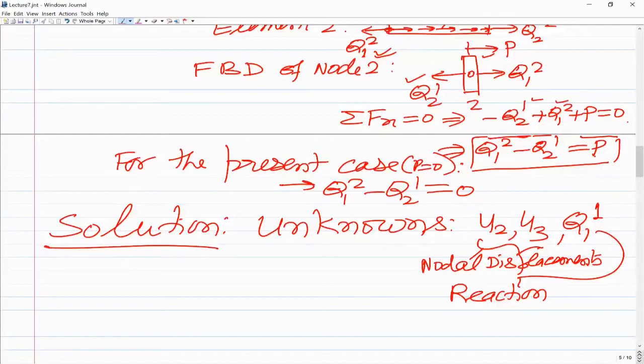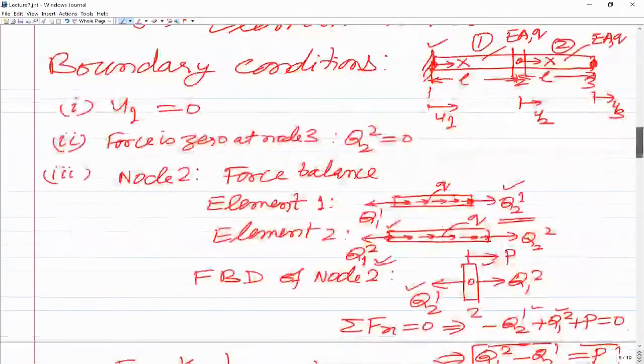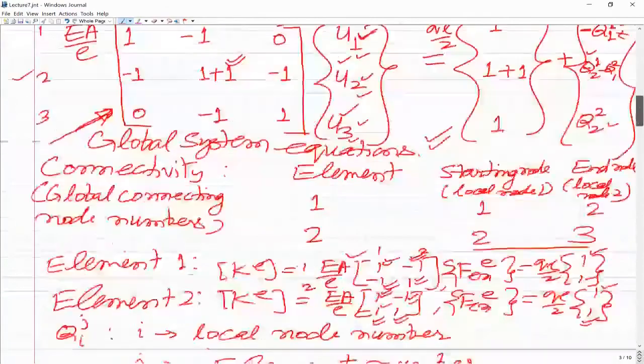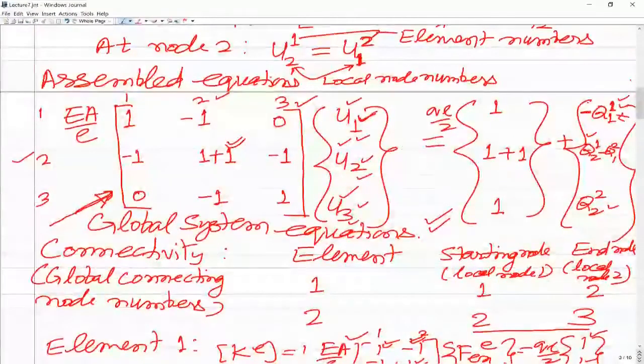But as per the finite element methodology, we are treating this reaction also as an unknown. So now how do we solve? We have these three equations, and we want to solve them for u2, u3 and q11. So how do we solve?